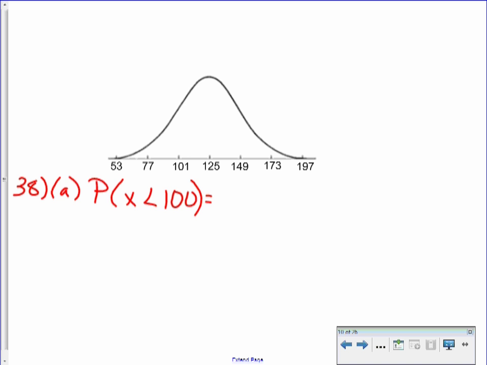So that should be slightly left of my 100. And we color.